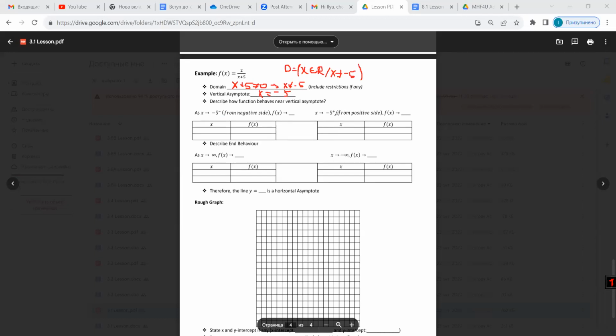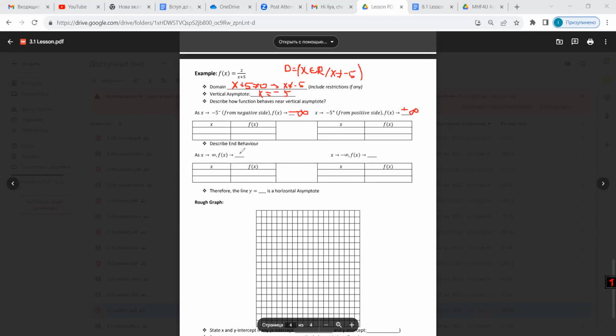And we approach x equals -5 from the positive side, from the right-hand side. So if we approach x from the negative side of -5, we're going to have -5.1, for example, right? Substituting that into our function would give us 2 divided by a very small negative number, which tells us that it's going to be negative infinity to the left-hand side from -5. And it would be positive infinity from the positive side.